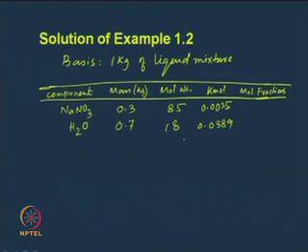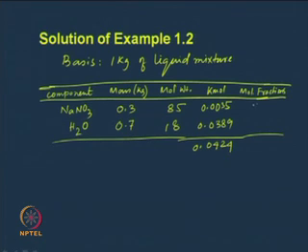So, the total kmol is 0.0424, and then the mole fractions: this kmol 0.0035 divided by the total mole, 0.0424, will be equal to 0.08, and similarly for this kilomole the mole fraction will be 0.92. So, the total mole fraction is 1.0.